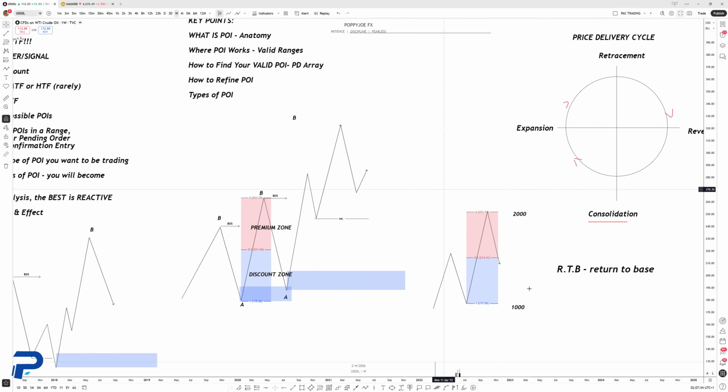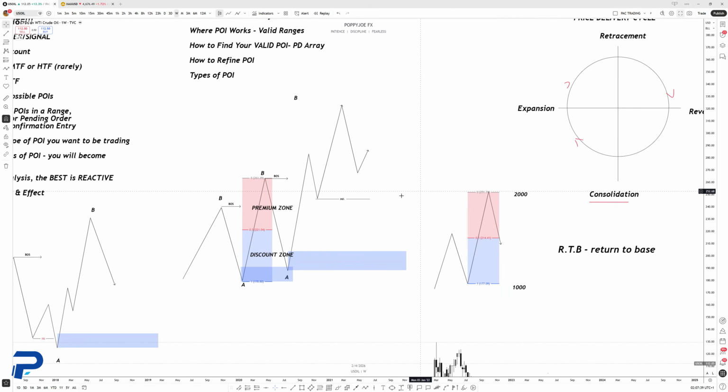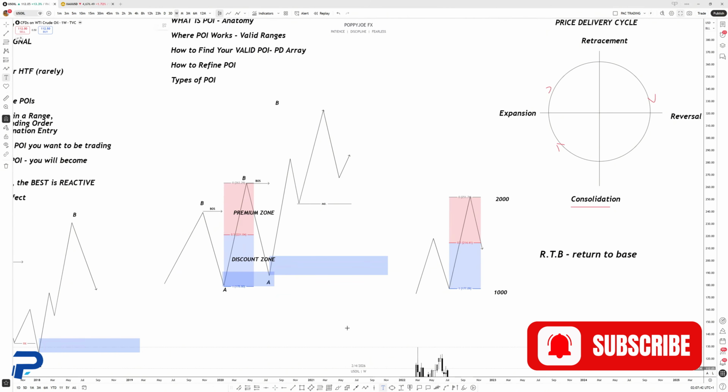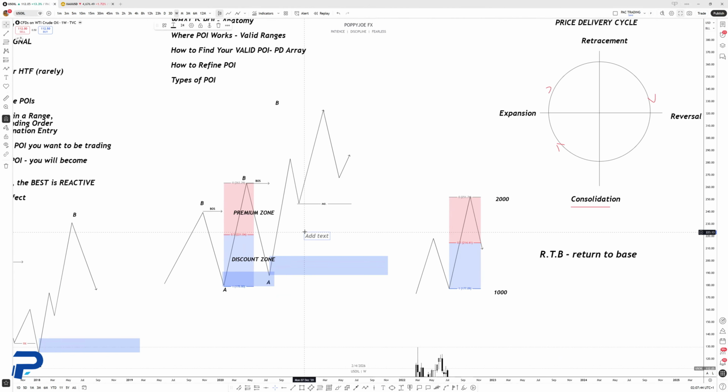Someone says the first thing according to PD array is the first thing you must find in discount. Let me quickly type out all the discount arrays. In discount, the first thing you look out for is the bullish mitigation block, then bullish breaker block, liquidity void, FVG, bullish order block, rejection block, old low.